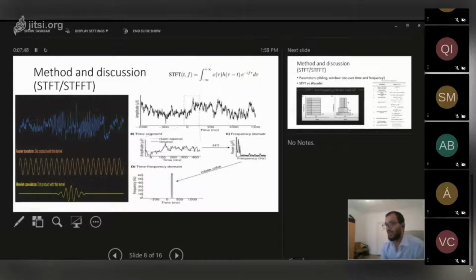Then here you can see wavelets. Wavelet transform is like Fourier transform, but compared to Fourier, there is just some part of the wavelet in some region.